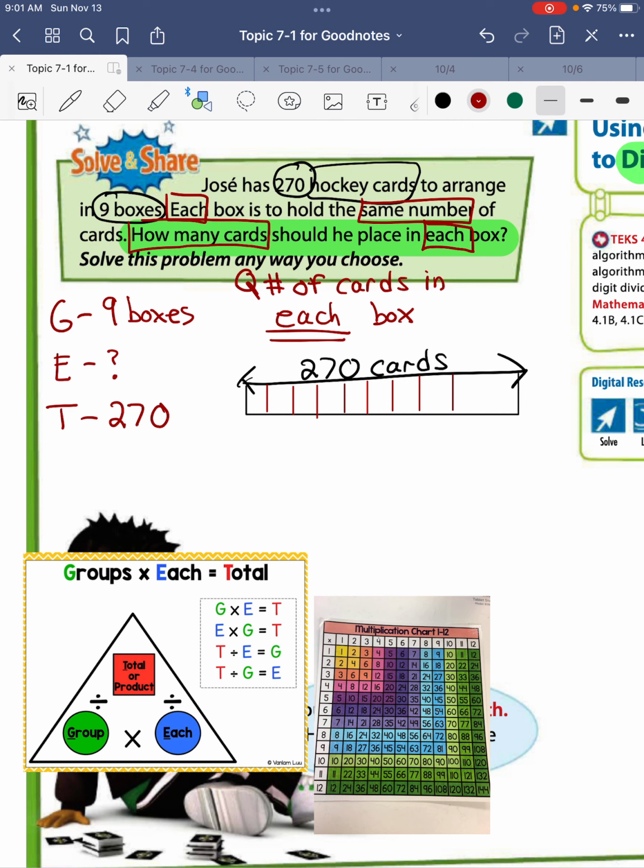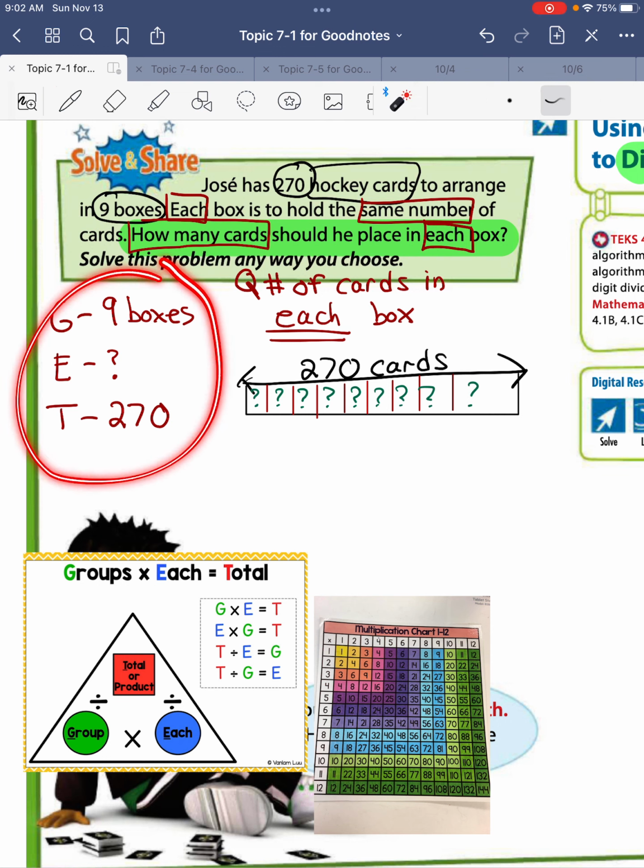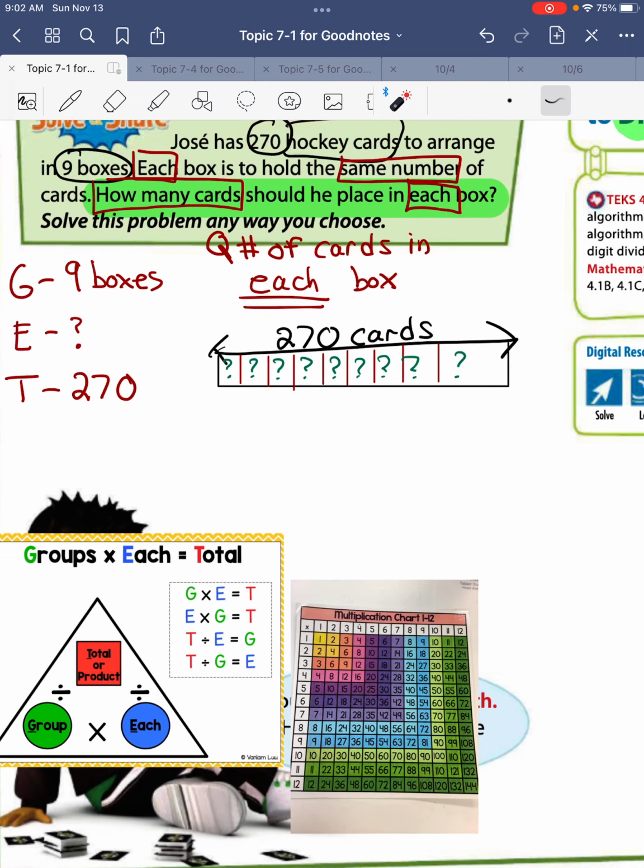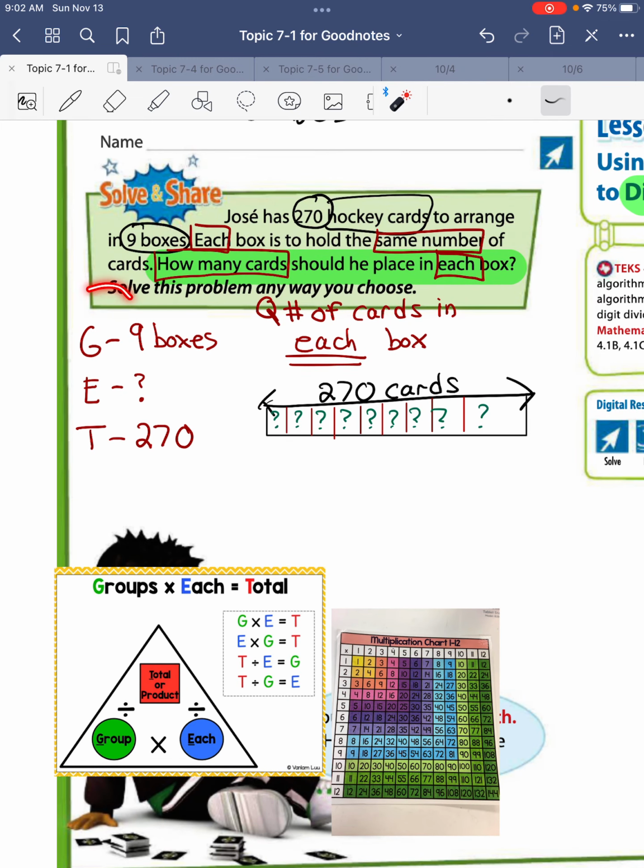Okay, and they're uneven, but it's okay. My 9 boxes, and again, I don't know my each. So that means in these boxes, it would be a question mark. Okay, I'm trying to figure out what goes in those boxes. Okay, so I'm basically just making this into a strip diagram just so you can better understand why we're doing it this way.